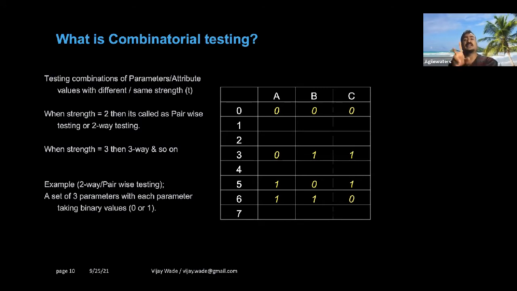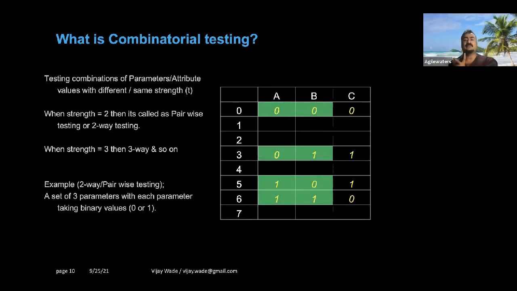Permutation plus combination, but values. If I take only 2 parameters at a time, 0, 0 is one combination, 0, 1 is one combination, 1, 0 is one combination, 1, 1 is one combination. You will also say these are permutations in a given situation. But if you see A as a value: A takes 0, B takes 0; A takes 0, B takes 1; A takes 1, B takes 0; A takes 1, B takes 1.